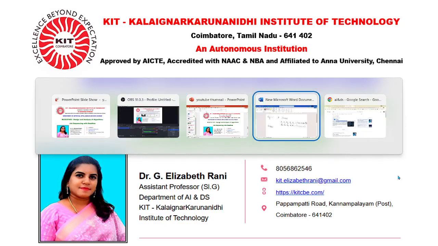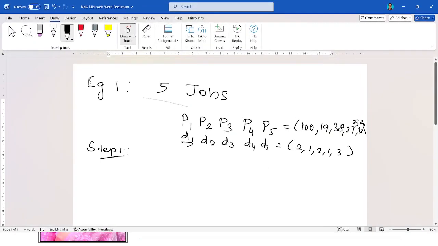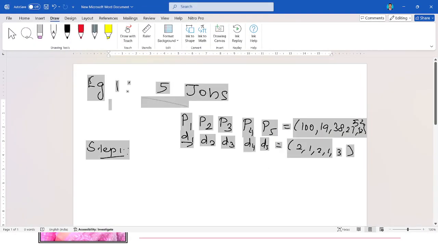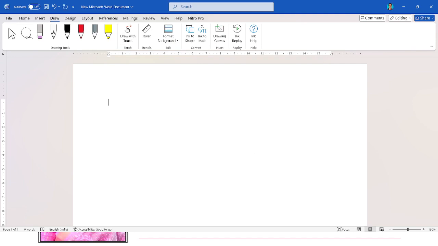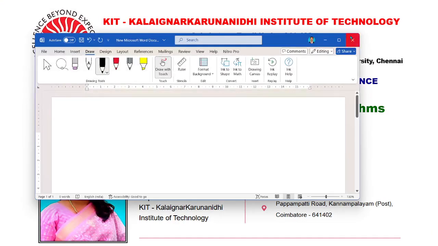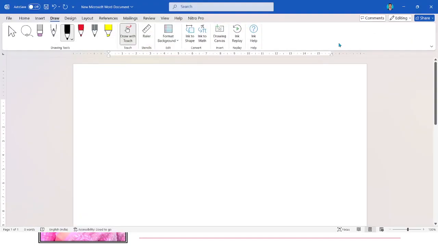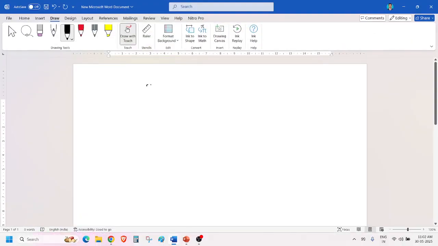So let's move into our topic so that it will be easy to understand what we have to learn. First we will study job sequencing. Why do I have to study job sequencing? Before moving into that, we should know what is meant by job sequencing with deadlines.